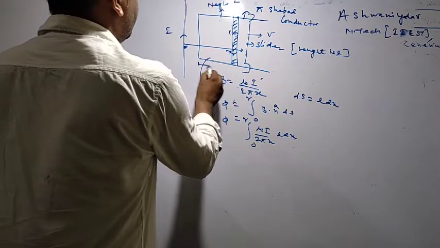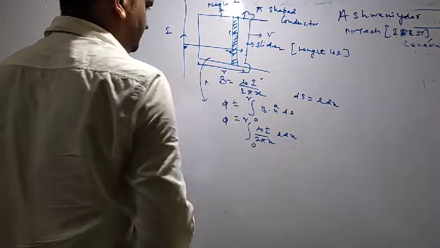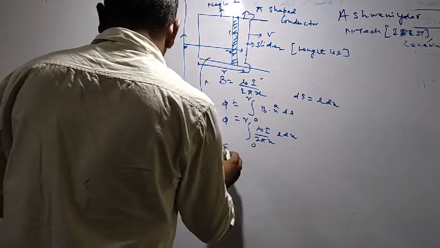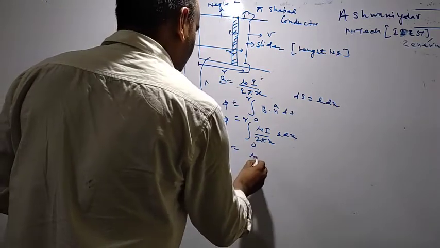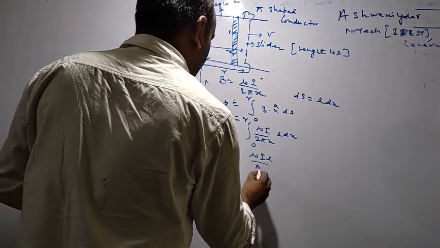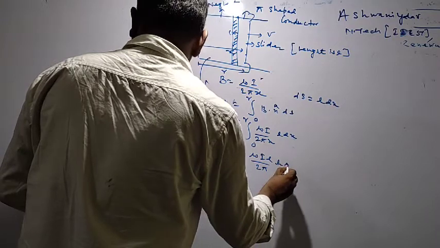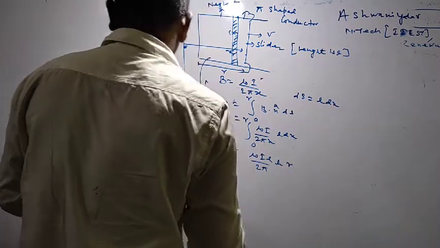So now the flux is mu naught I L by 2 pi ln r.